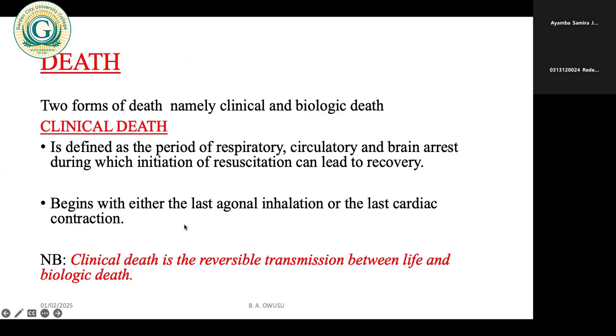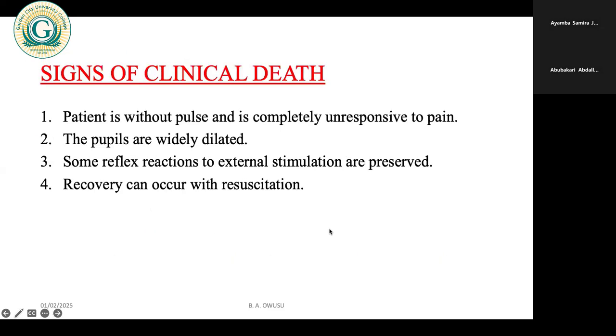So I was talking about the clinical death, and I think we've done justice to it with your wonderful contributions. So that is basically it. For the signs of clinical death, your patient is without pulse and is completely unresponsive to pain. The pupils are widely dilated.